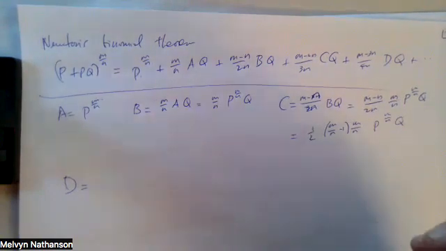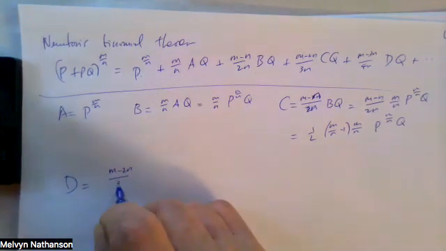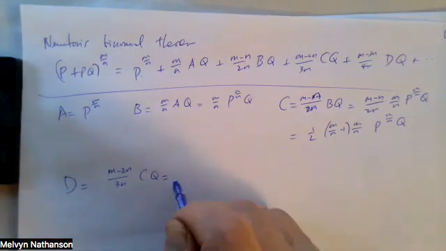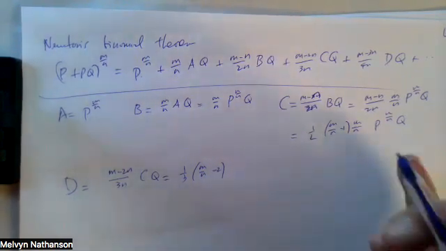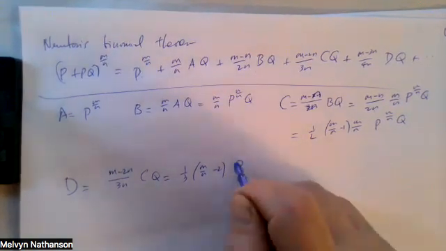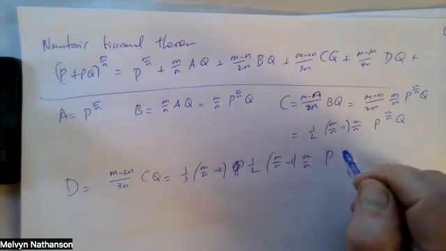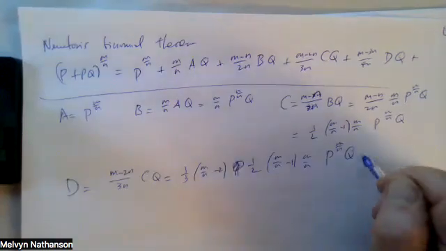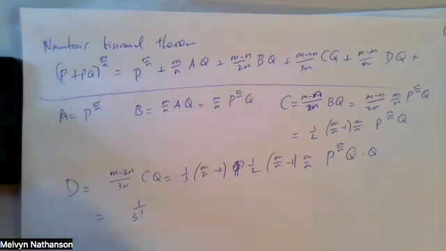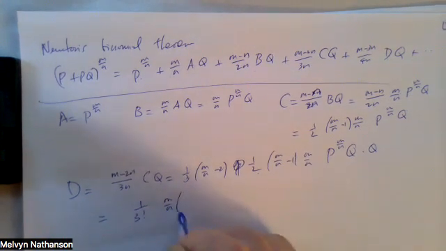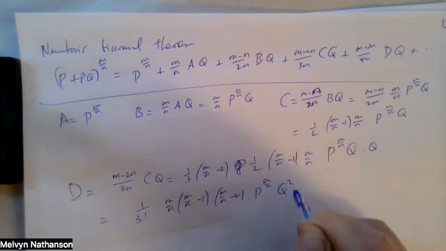D is the previous term, ((m - 2n)/3n)CQ, which is, let's see, (m - 2n)/3n, that's a third, (m/n - 2) times C, times Q. C is 1/2 (m/n - 1)(m/n) P^(m/n) Q. So this is 1/2 times a third, which is a sixth, or I'll just write this 1 over 3 factorial, (m/n - 1)(m/n - 2) P^(m/n) Q squared.